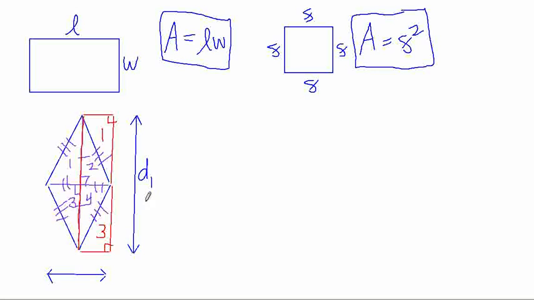So let's say this is D1 and the other diagonal is D2. So the length of the red rectangle, the long length, is D1, and the short length, the width of the red rectangle, is D2 over 2, right?